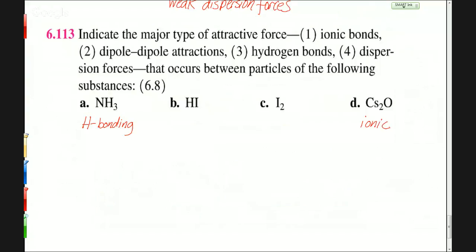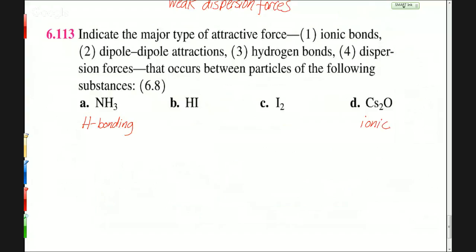Cesium oxide. Well, do you or not? That's the question, right? What kind of a metal is cesium?